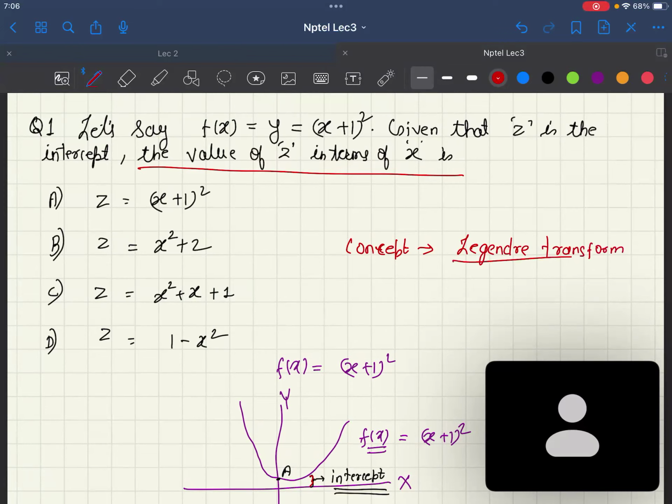The concept of Legendre transform is what you are going to use. So I'll give you a couple of minutes to solve this question, and then I will solve it. I'll give you 5 minutes to solve it.